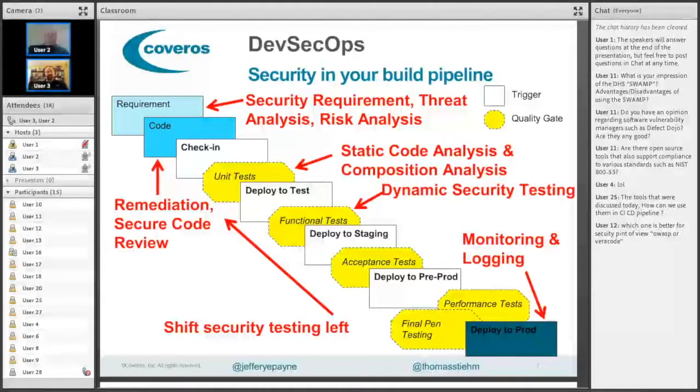Some organizations that are doing continuous delivery or continuous deployment will even do those kinds of activities after they've deployed to production, because they feel that if they do find something, they have enough confidence in their pipeline and their process that they can either roll back or roll a fix forward relatively quickly.